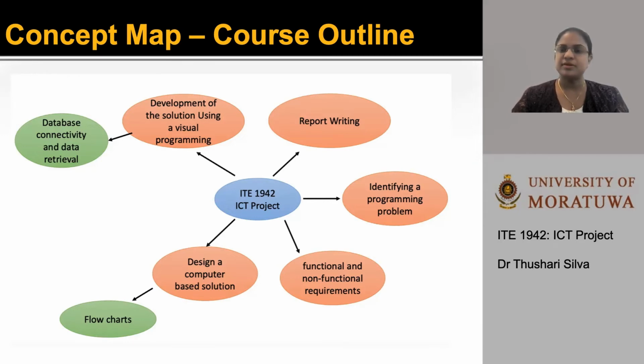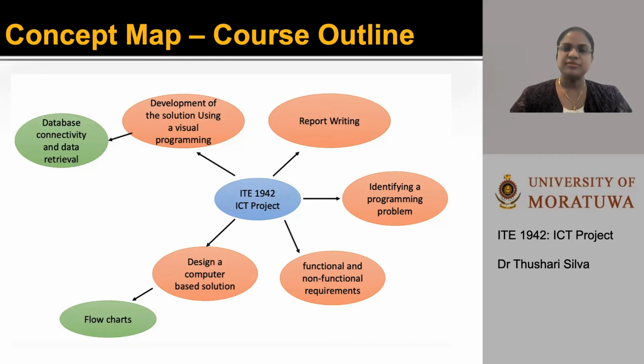Designing a computer-based solution is the next thing you need to do after identification of the requirements. That section will cover the design aspects of your computer-based solution. You can show us the solutions by using flowcharts and pseudocodes. Flowcharts need to be carefully analyzed and drawn to depict the entire solution.